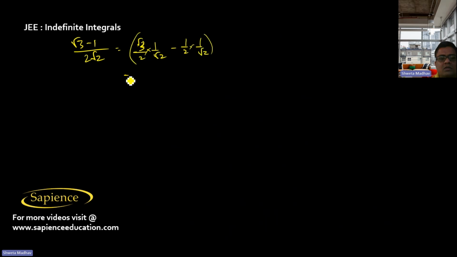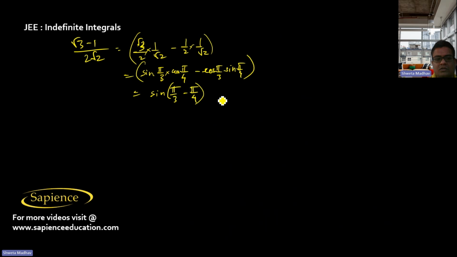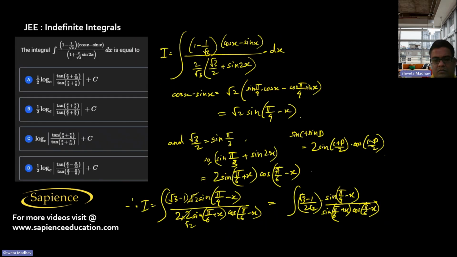So also I can write sine pi by 3 into cos pi by 4 minus cos pi by 3 into sine pi by 4, which is nothing but sine a cos b minus cos a sine b, which is sine of a minus b, pi by 3 minus pi by 4, which is equal to sine pi by 12.